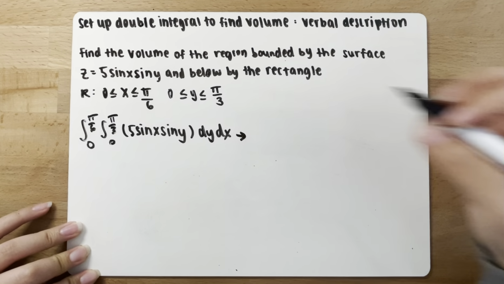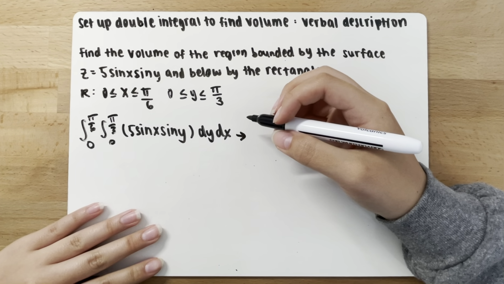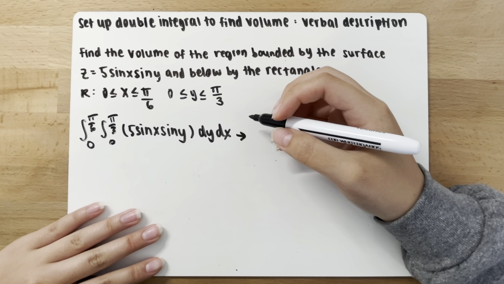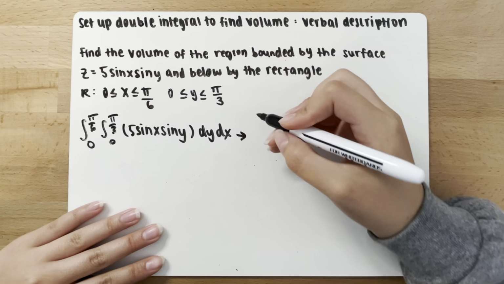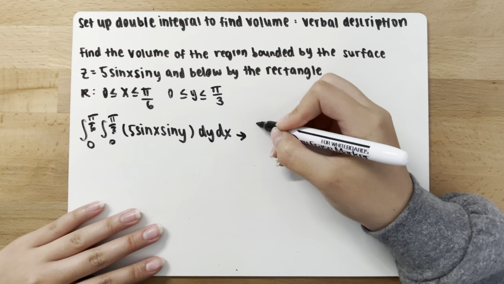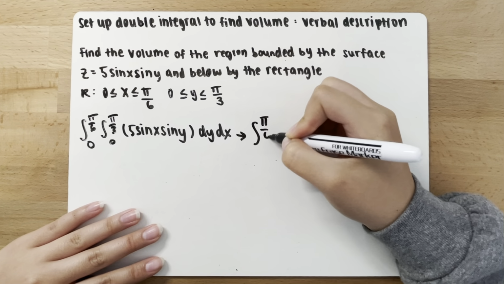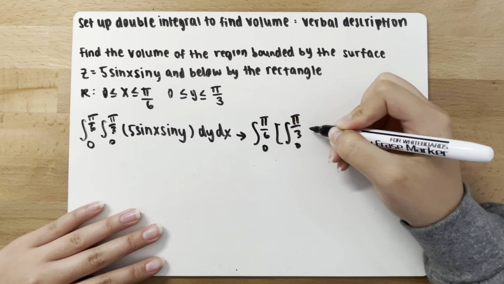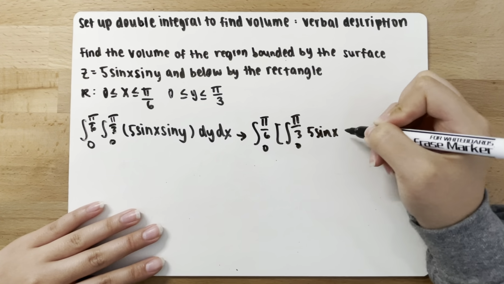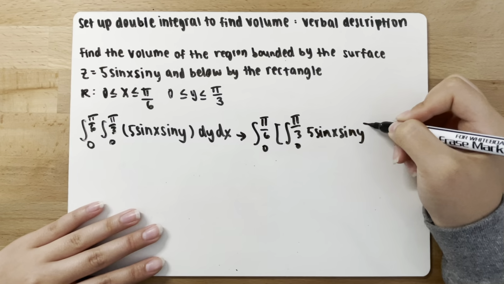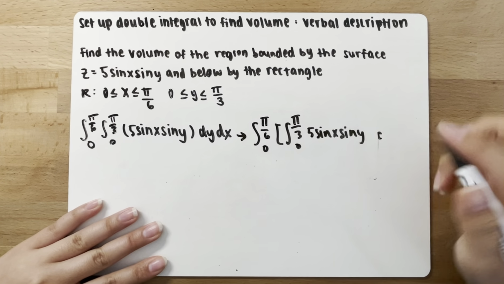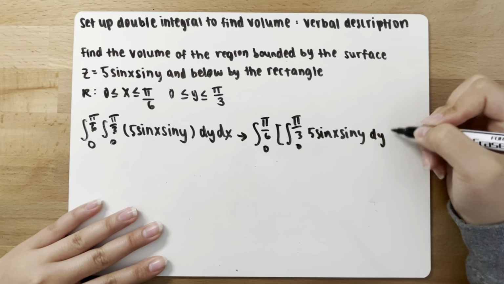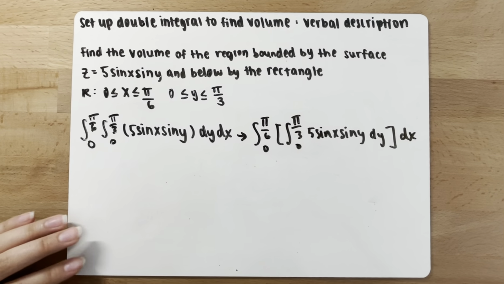Now we are going to evaluate this integral like how we would evaluate any other double integral. So we would separate the two. We have pi over 3 and 0, 5 sine x sine y dy, and then dx on the outside.